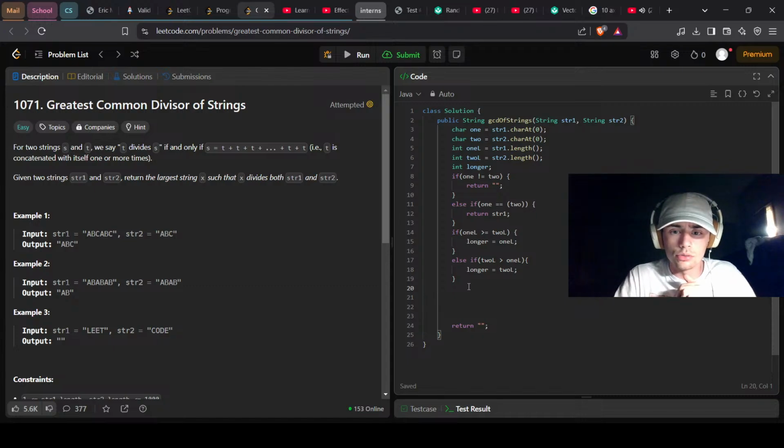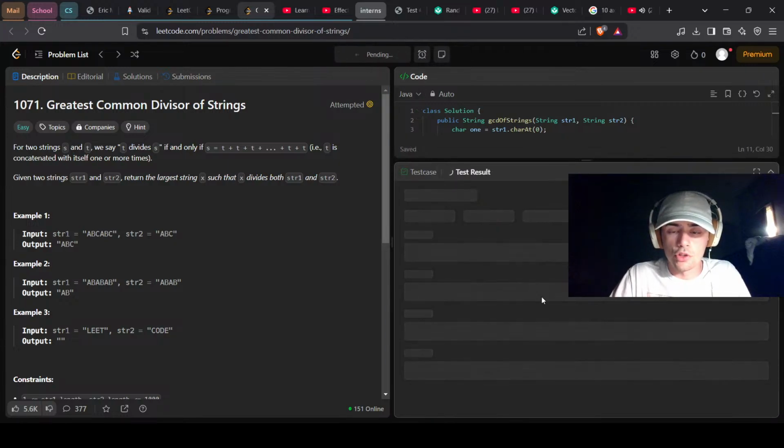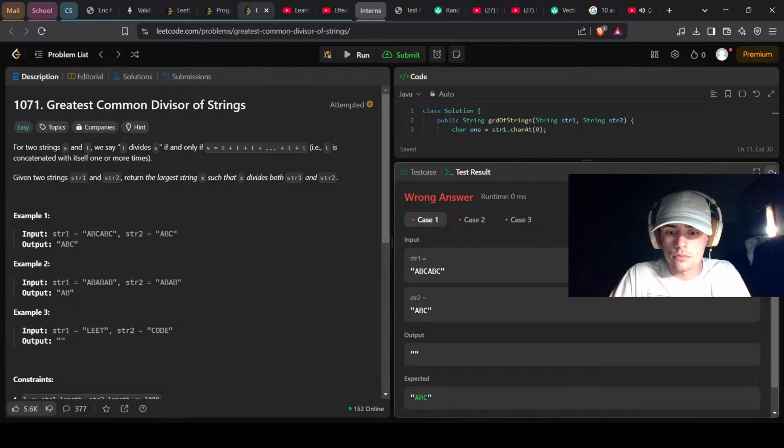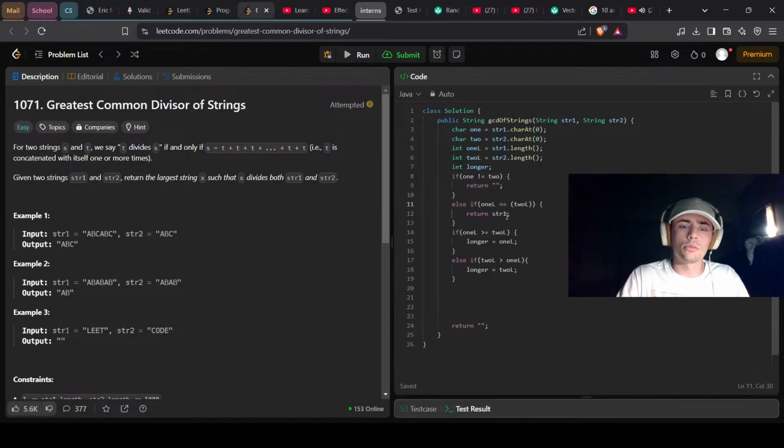Now if they are equal, wait, if the length is the same, then we return this. Output. So if their lengths are the same, we just return whichever one, it doesn't matter.